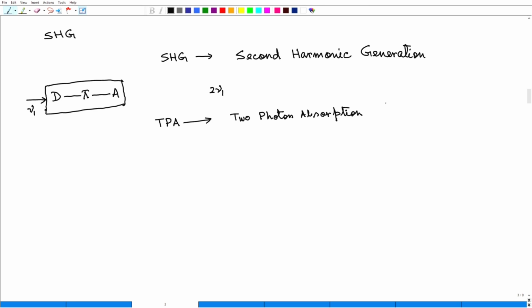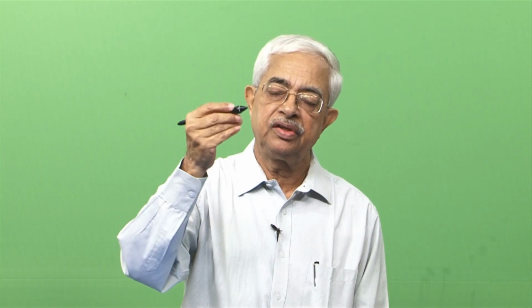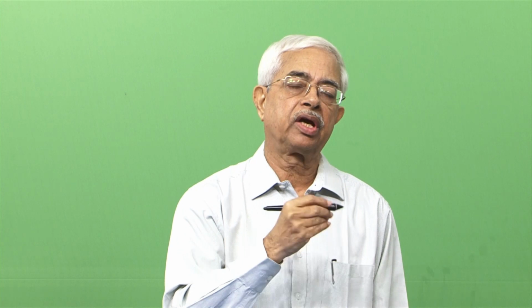We will say two photon absorption cross section, and it is expressed as sigma 2. So, for second order optical nonlinearity, SHG can be measured. If SHG is greater, it is pretty good second order NLO. If the TPA is very large, then it is a very good third order NLO, like that.